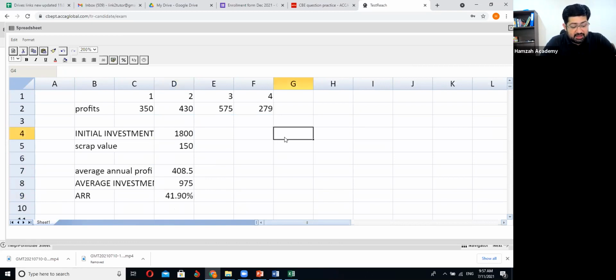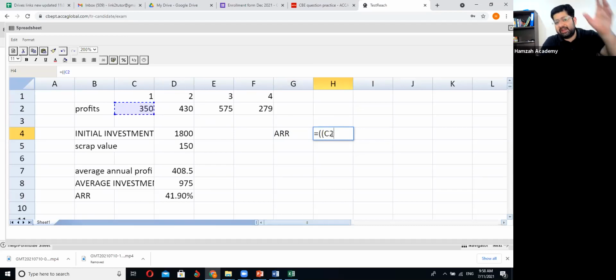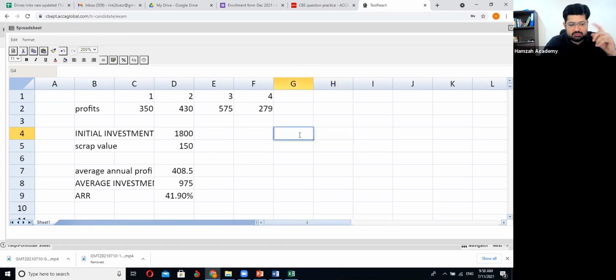We could have done it in a shortcut instead of doing this calculation in this way. How could you have done it? Just see here. You can add these 4 here and calculate the average. It means you apply the direct formula. But if you think that you get confused, it's okay.